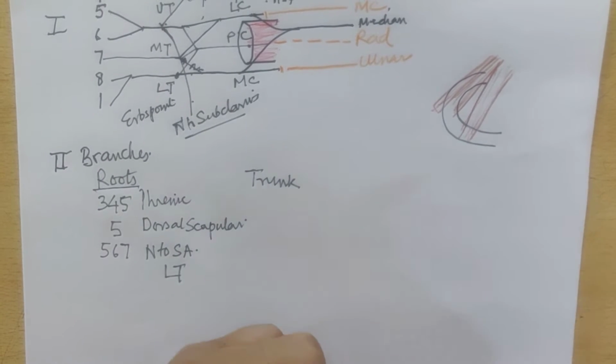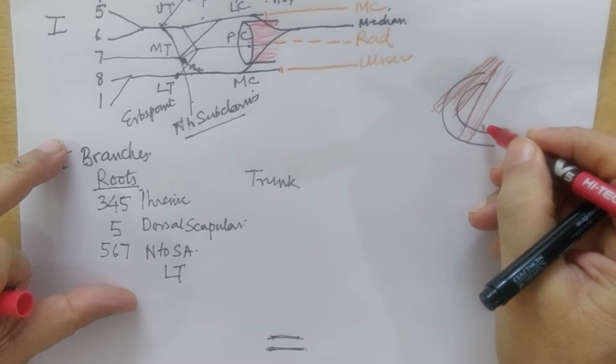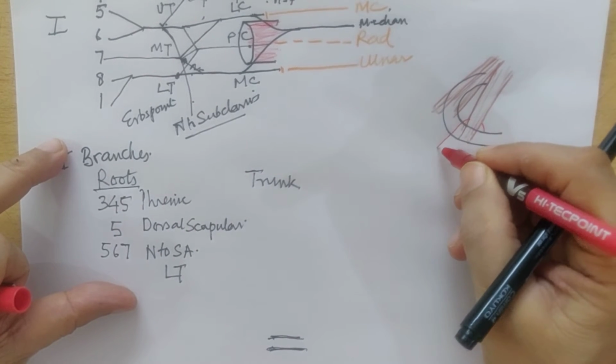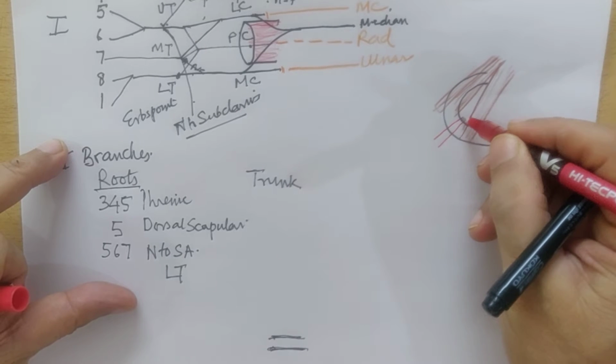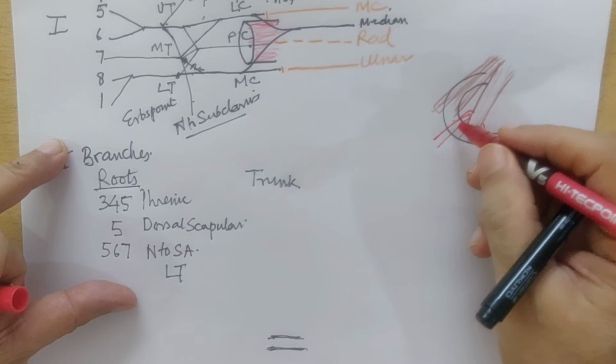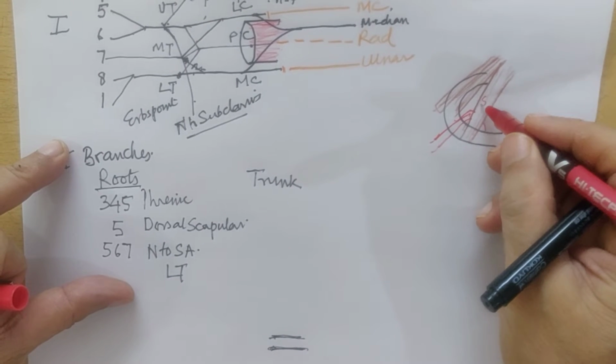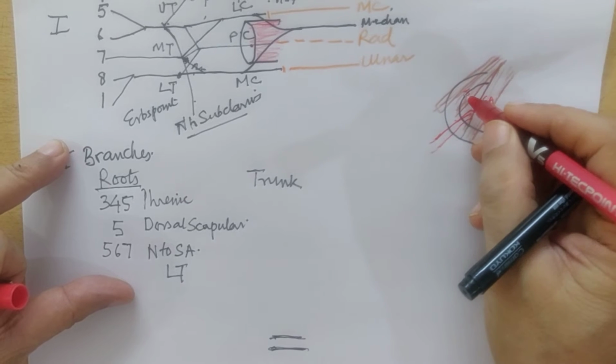So basically the artery coming from the thorax goes around the rib into the axilla through the gap between the scalenus anterior and scalenus medius.